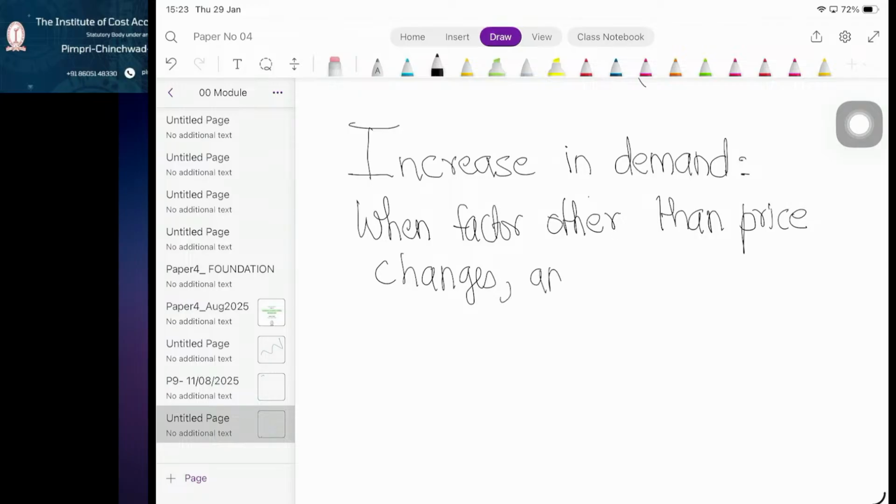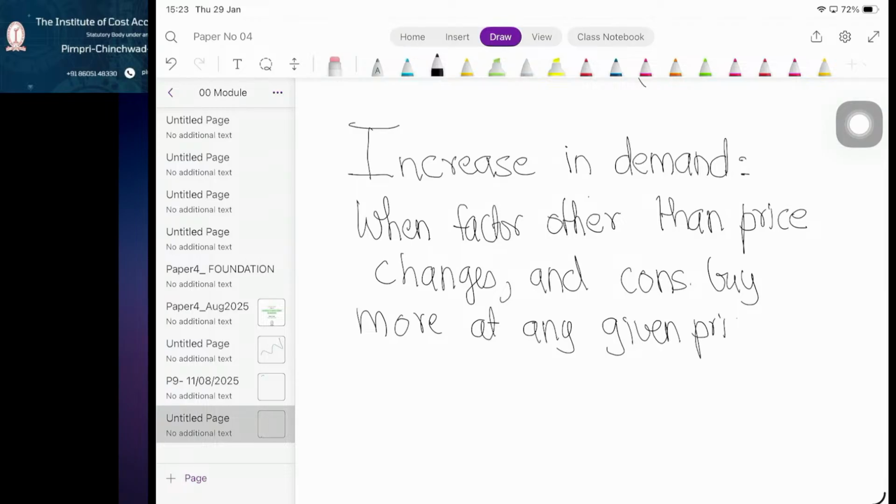When a factor other than price changes and consumers buy more at any given price, then we say there is an increase in demand.